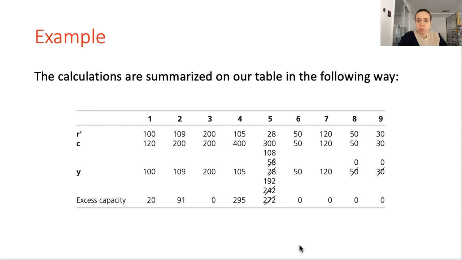I continue. Now I will check the production plan in week 7. I have to produce 120 units, and I check that I still have excess capacity to produce this amount in week 5. So I will check if it would be possible to produce this amount in week 5.